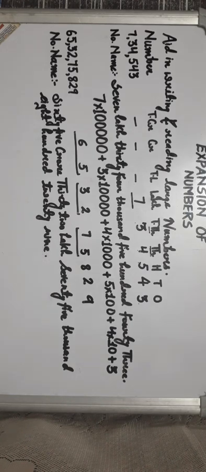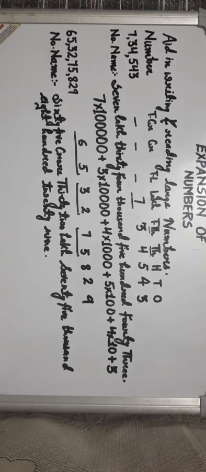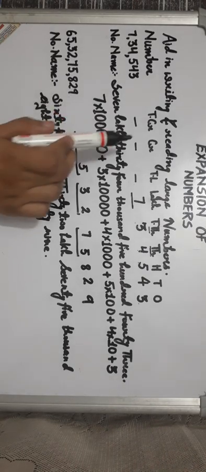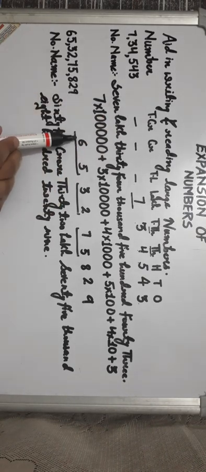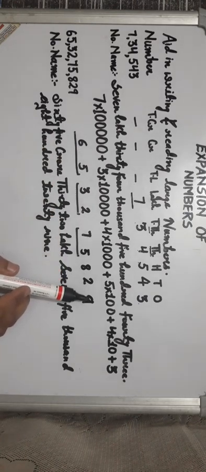Now, let's see its simplified expansion. Look, 6 at 10 crore. So, how many zeros will be there? After 6, how many digits are there? 1, 2, 3, 4, 5, 6, 7, 8.